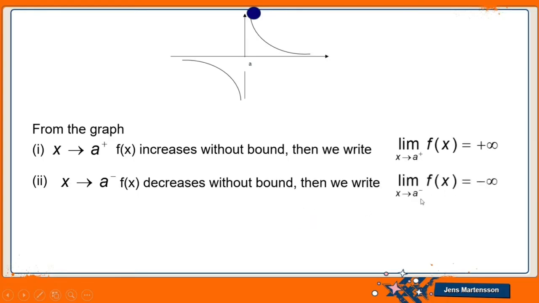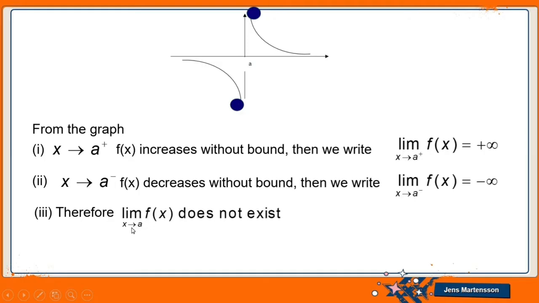Then we write limit f(x) when x approaches a from the left equals negative infinity. Therefore, limit f(x) when x approaches a does not exist, because the limit from the right is infinity and the limit from the left is negative infinity. The right limit is not equal to the left limit. Therefore, the limit does not exist.